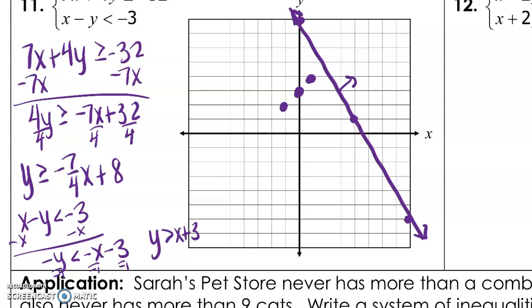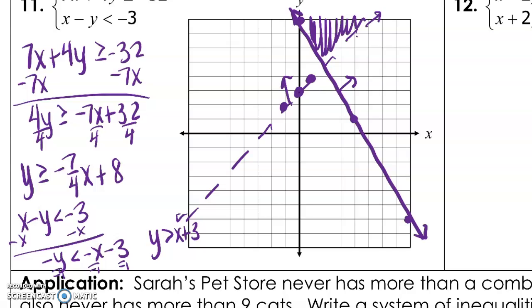This is a dotted or a dashed line because it is not or equal to. This is a greater than, so up above, so that would be this top little section here.